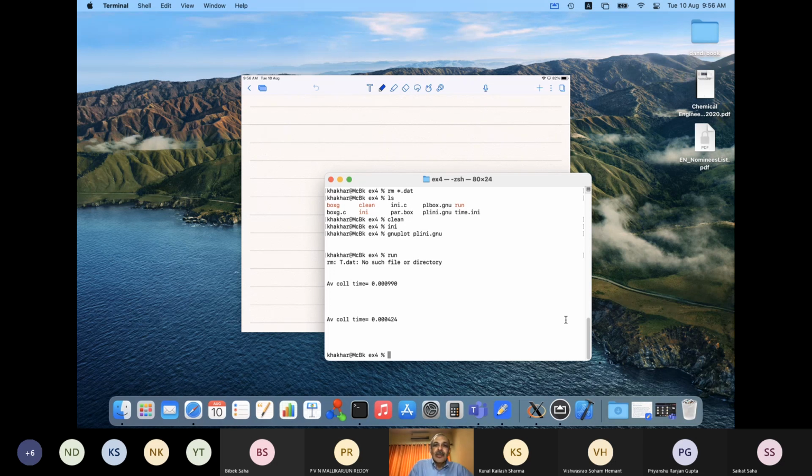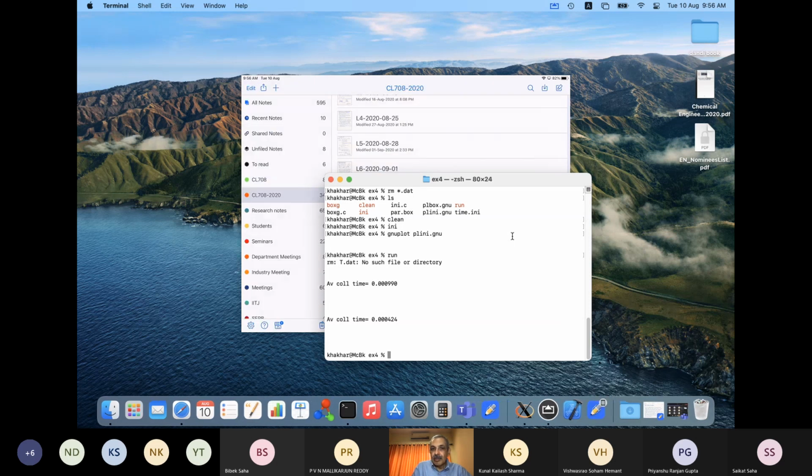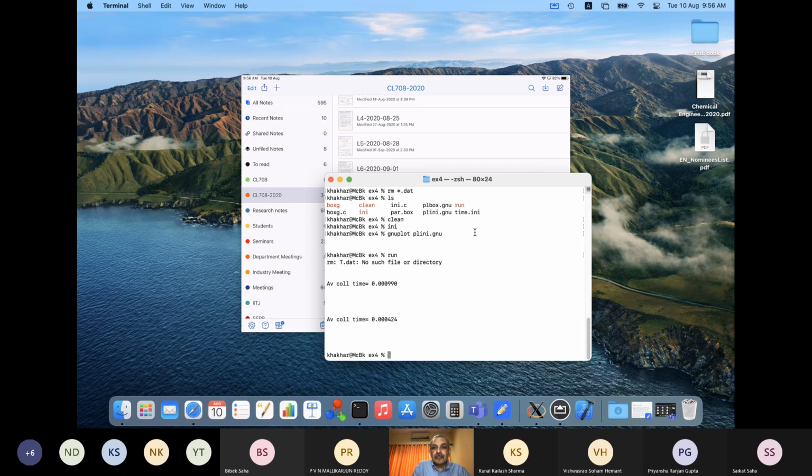Okay. So these are all available to you. You can play around with these and see how things will change as you change the parameters and so forth.